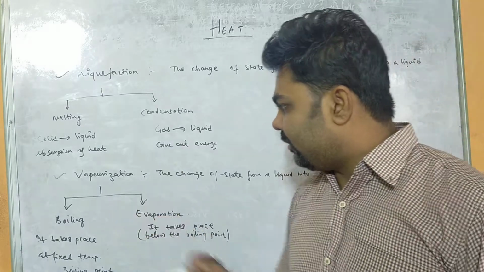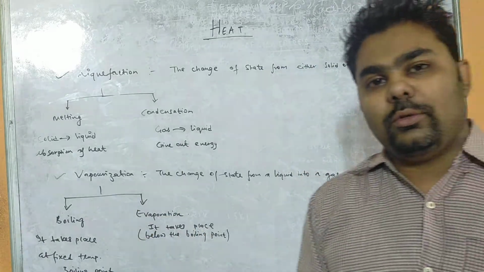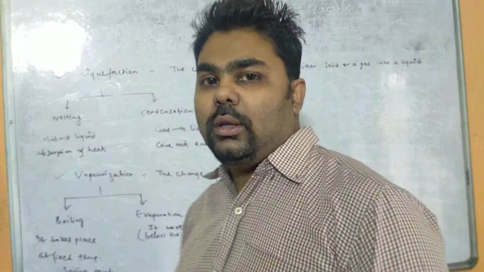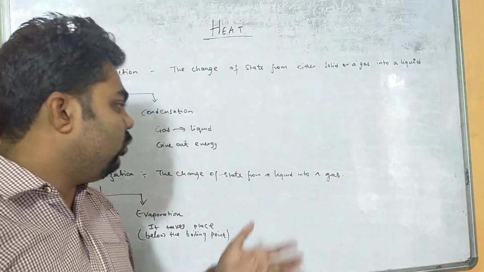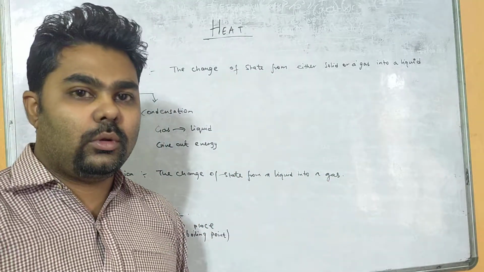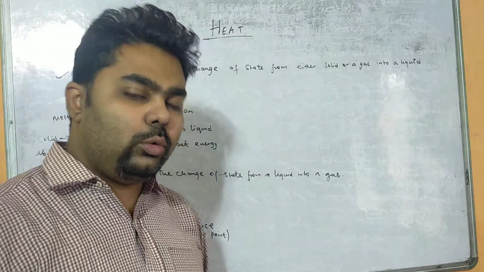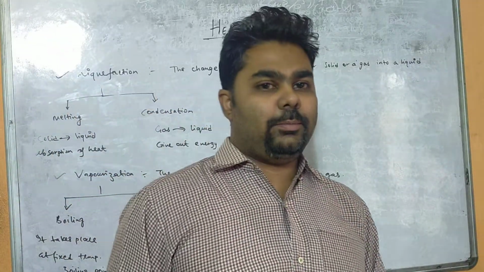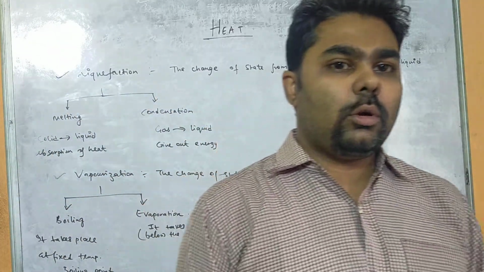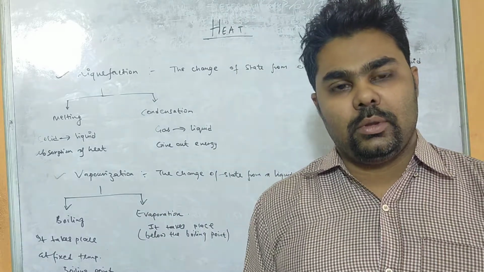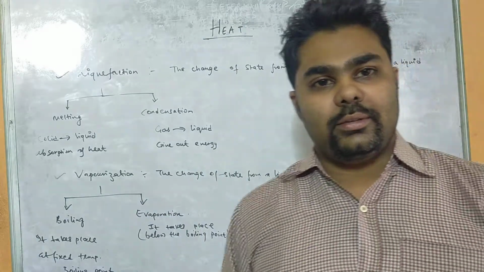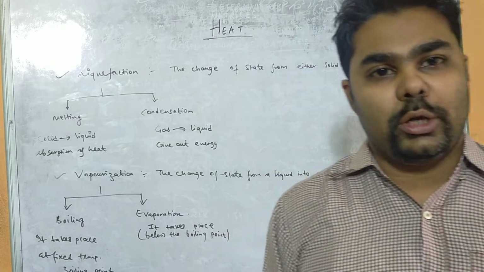Next we have vaporization. So vaporization is a change of state in which the liquid changes into gas, right? This can take place at a fixed temperature or at an ordinary temperature. If a liquid is changing into gas at a fixed temperature, we call it boiling.